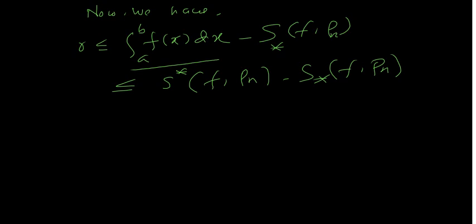Okay, now what is this? What is the supremum of the function f over the ith subinterval with respect to the partition Pn? That's the capital Mi, and the infimum is the small mi, and similarly.